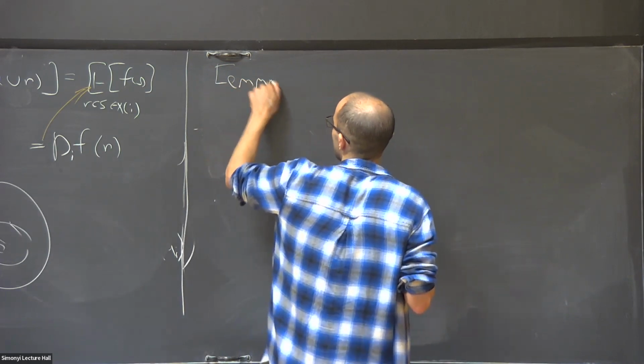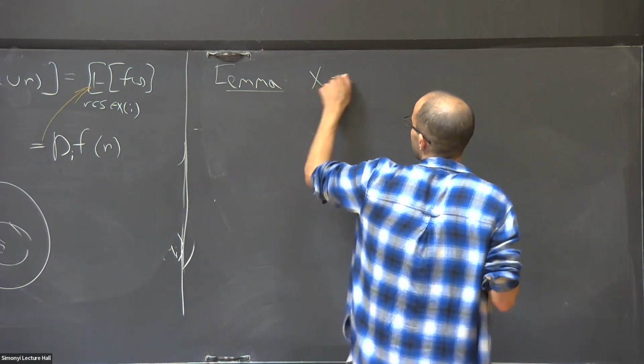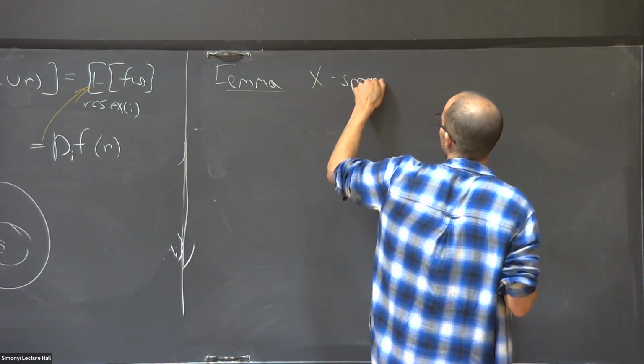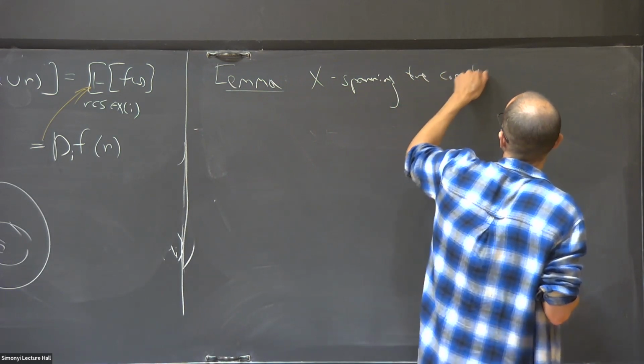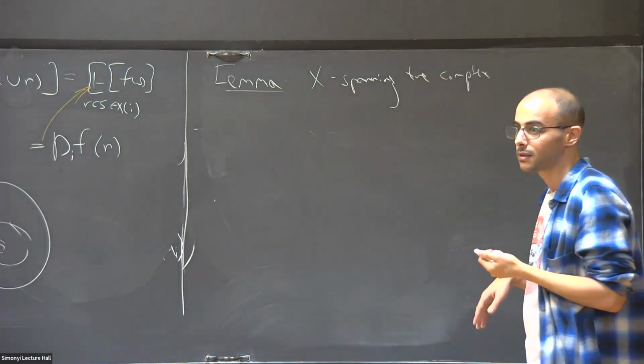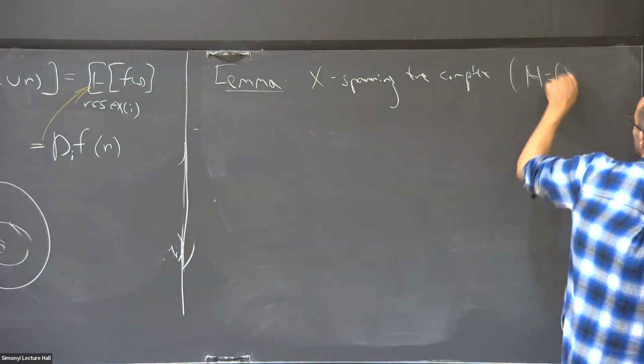So let's call this a lemma. X is the spanning tree complex for some graph H with the vertices.